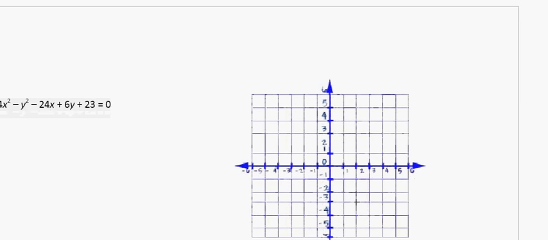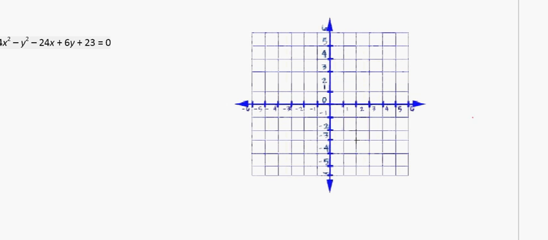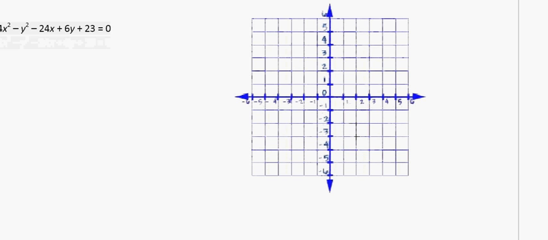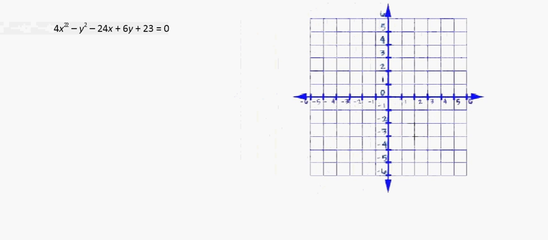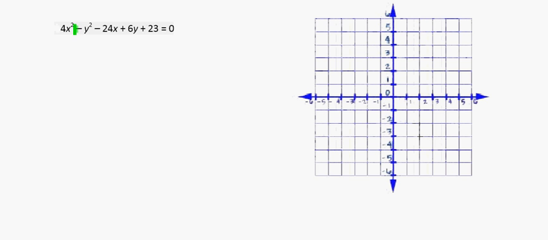Here's another equation for us to look at. If I take a look at this equation, I can immediately tell that this is the equation of a hyperbola. And the reason I can tell that is because of the minus in between.